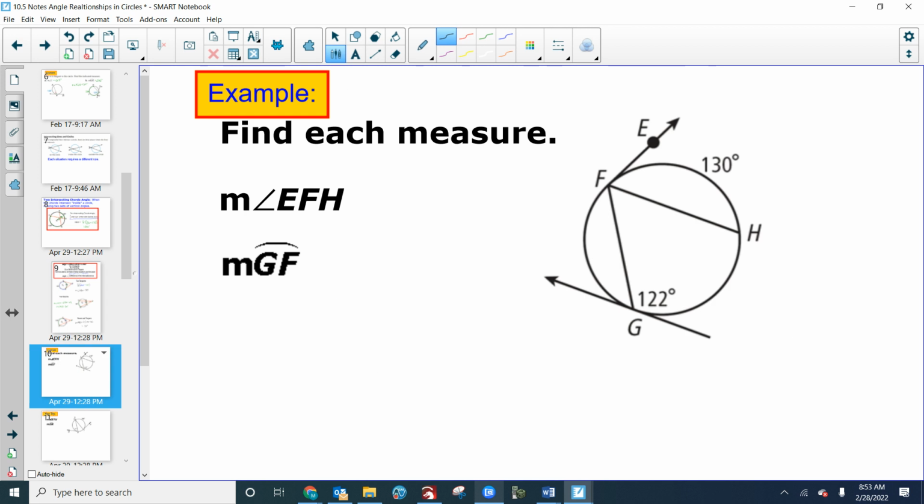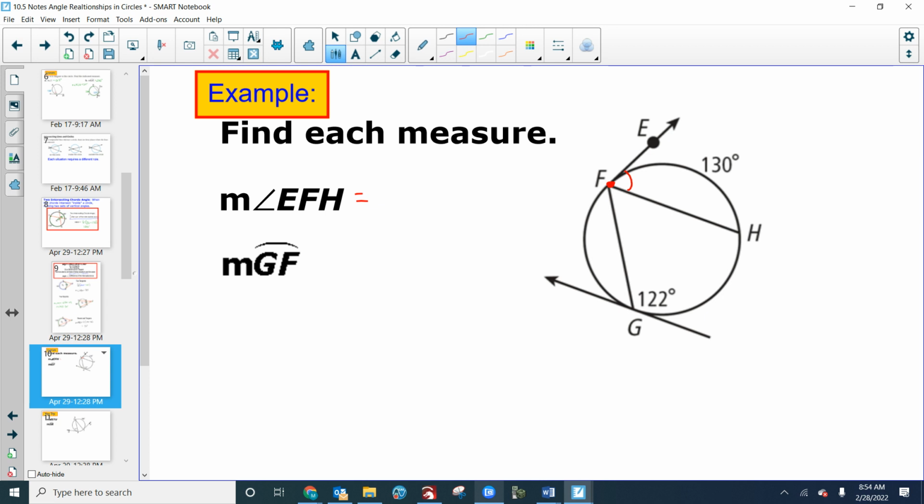All right, let's do an example, and then I'll let you try one. We have angle EFH. What's the vertex of that angle? A vertex is a point. F. Very good. The first question you should ask yourself is, is that vertex at the center of the circle? No. Is it on the circle?